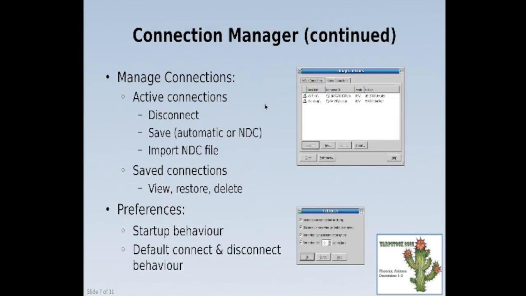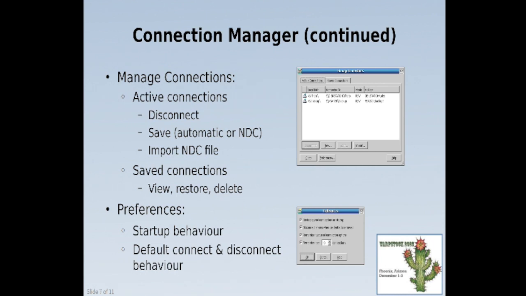Okay, so the next part of the connection manager is the manage connection screen, where you get a list of active connections. Then you have a bunch of options. So the management mode shows all your currently active connections on the first tab here, and from here you can connect, disconnect a connection, or save a connection.